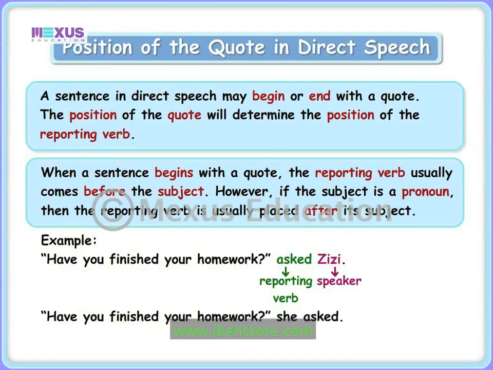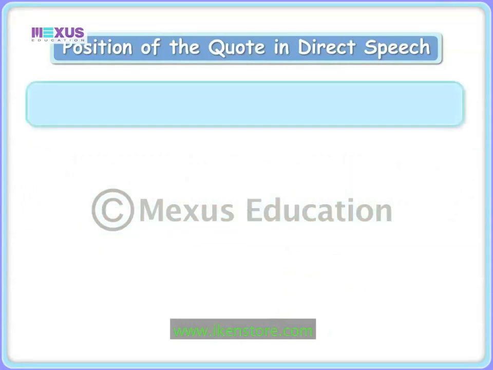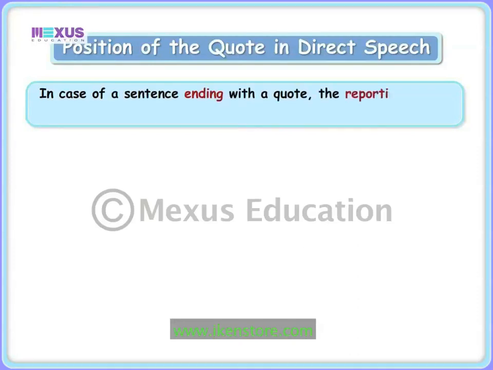She asked. In this case, the pronoun comes before the reporting verb. Sentences can end with a quote too. In case of a sentence ending with a quote, the reporting verb always comes after the speaker or the pronoun.